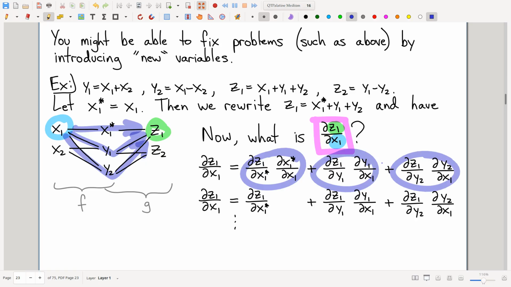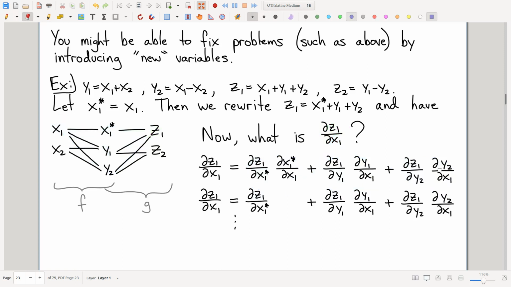No problem. And now I will point out that this expression right here, partial of x1 star with respect to x1, well, that's a freebie.